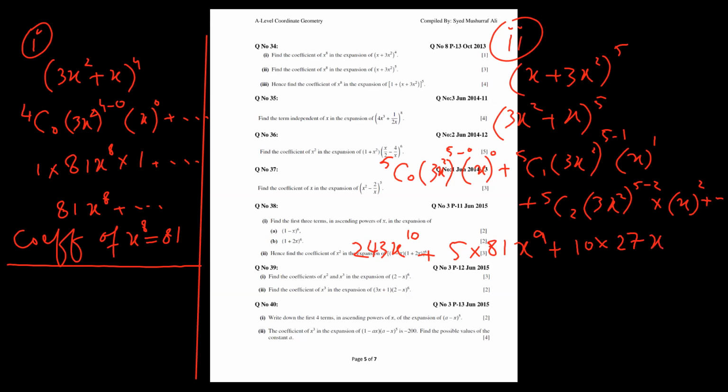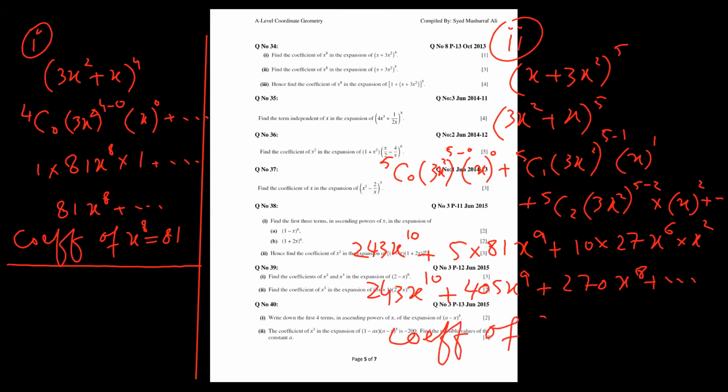And x to power 3 2s are 6, and here x to power 2 comes as it is. So it means 243 x to power 10 and 405 x to power 9 and 270 x to power 8 plus dot dot. So this is my term. So coefficient of x to power 8 is 270.